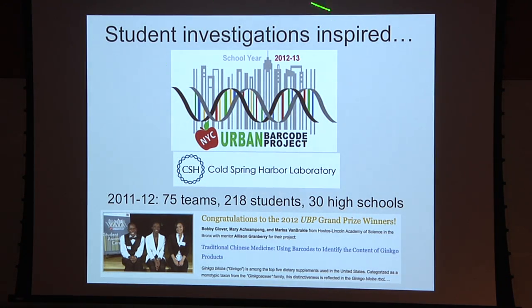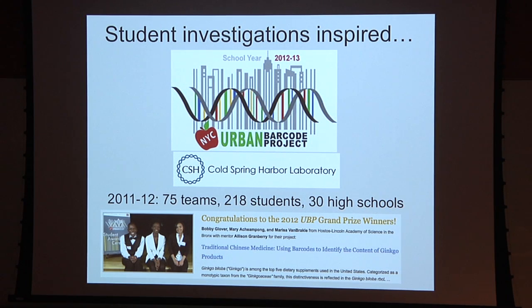Those student projects were one of the things that inspired the Cold Spring Harbor's Urban Barcode Project, 2011, 2012. This is public and private high schools in New York City, 75 teams, 218 students, 30 high schools. The grand prize winners got $10,000. They looked at ginkgo biloba products, which turned out mostly to be rice.